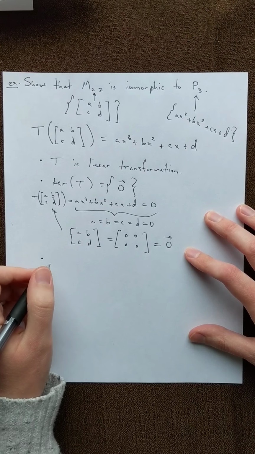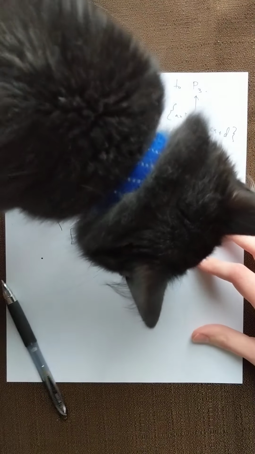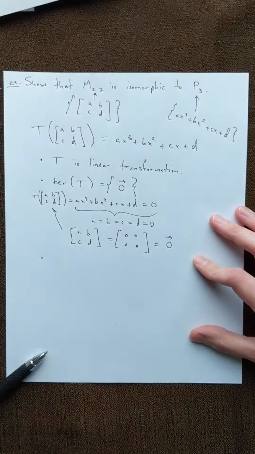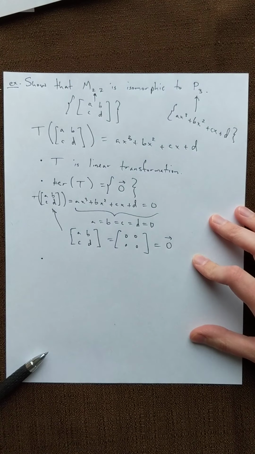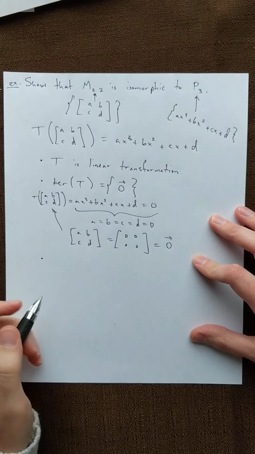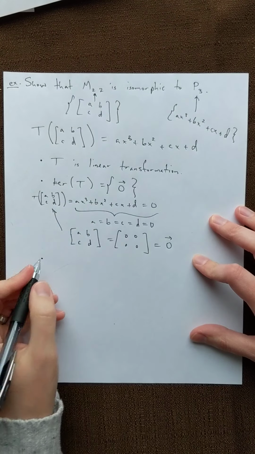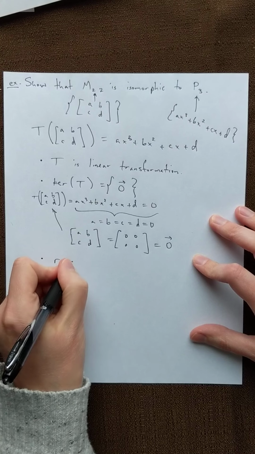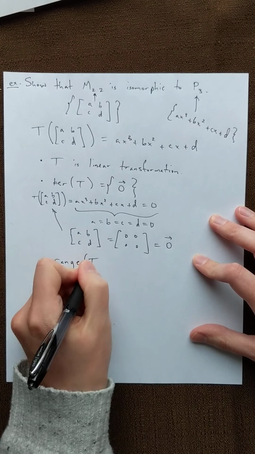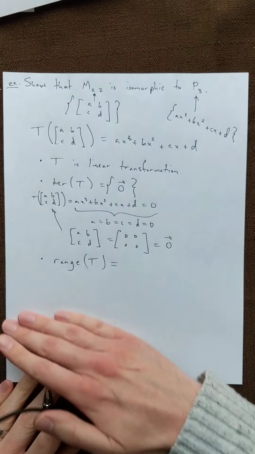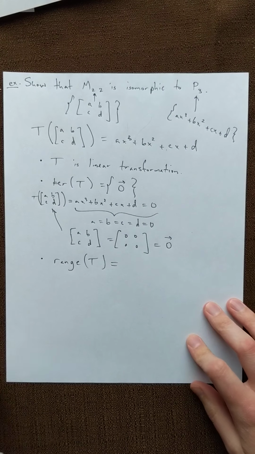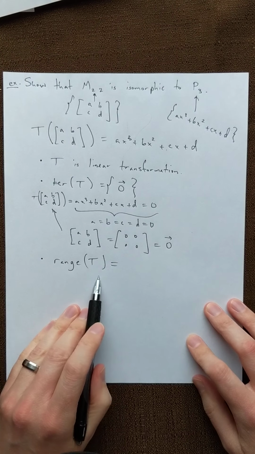Okay, and the last thing we need to check is that the range of T is equal to the entire output space. So let's check and see what is the range of T. Let me brush some hair off of here. Okay, looks good. So the range is the output.